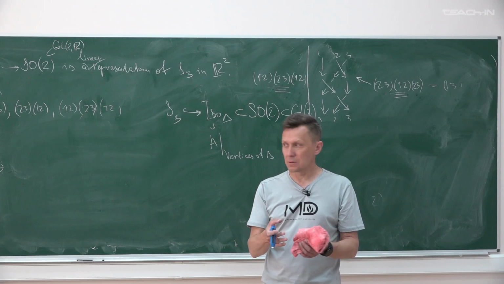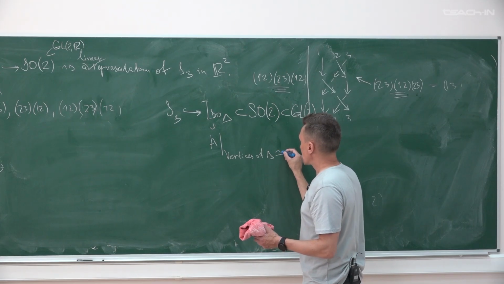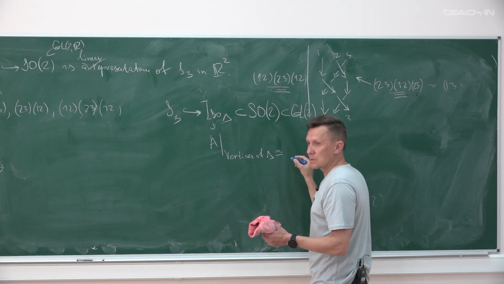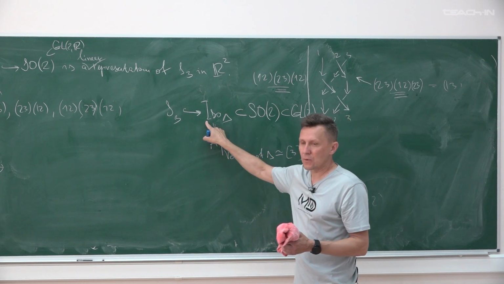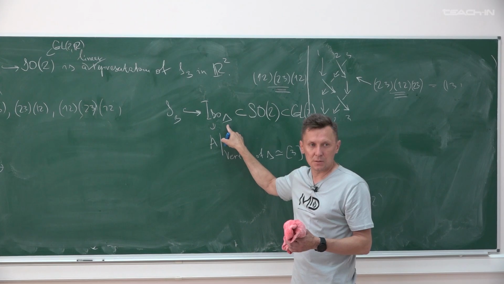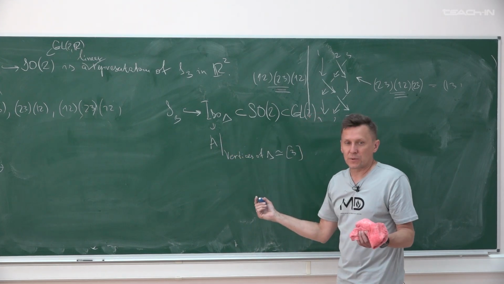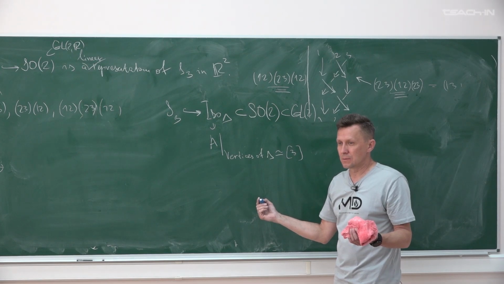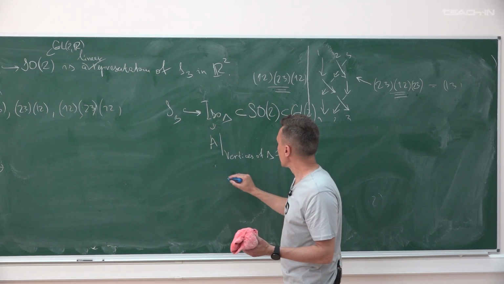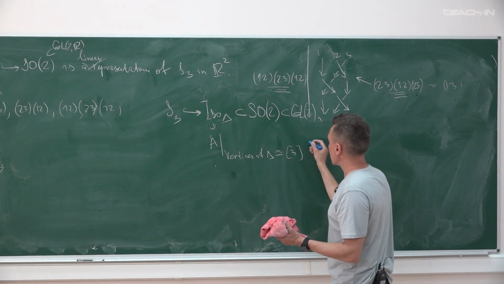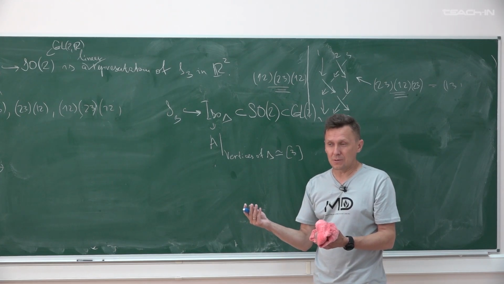And the vertices of a triangle are a set of 3 elements. So the restriction of an isometry of a triangle to the set of vertices is an element of S3. This restriction is just an element of S3.